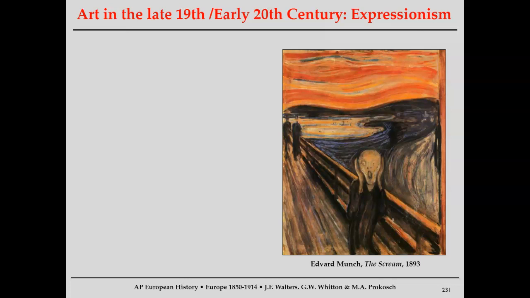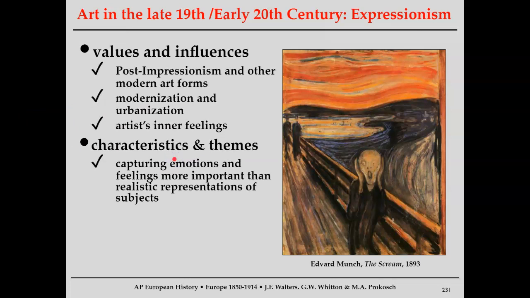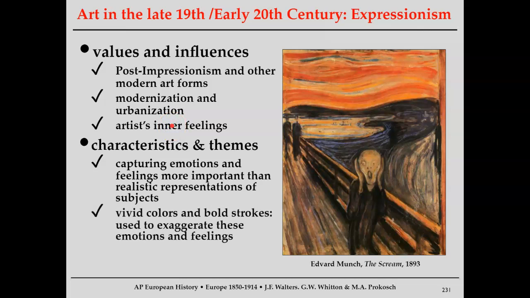But they do have distinct characteristics that separate them. With Expressionism, I really want you to focus on internal expression, expressing the artist's inner feelings. And for us, this is even more explicit, trying to capture emotions and feelings, definitely more than the realistic representation of the subject.